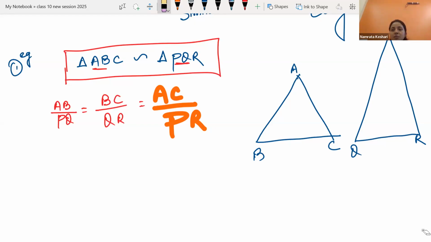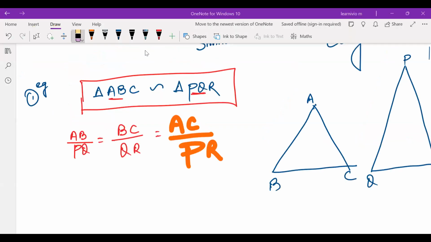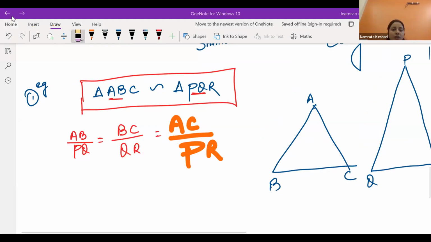Okay, just give me a moment now. So this is the meaning of similarity. AB by PQ will maintain the same ratio as BC by QR.